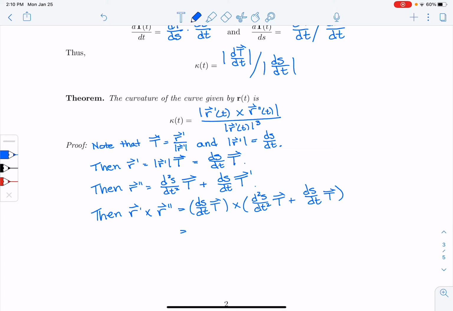But something I want you to be aware of is that the ds/dt and the d squared s/dt squared are scalars, so they're going to come out.